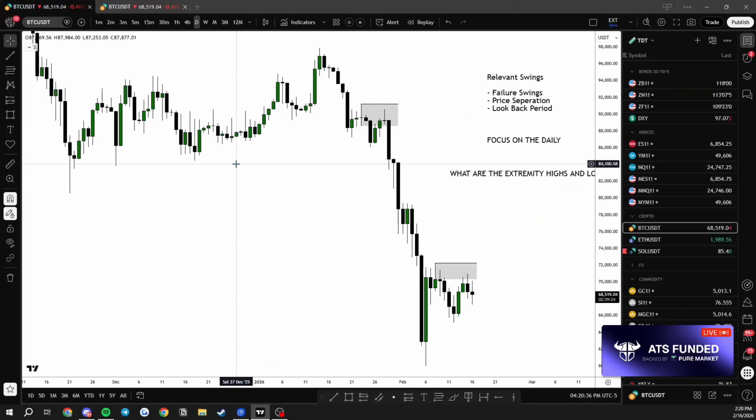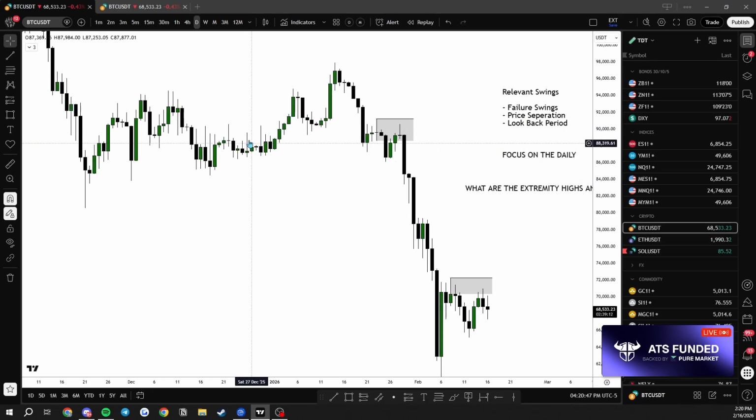Because we can trade off of maybe this swing high being taken out, or maybe we could trade off of this one. But the reason that we wouldn't trade off of a swing high like this is because it's encapsulated inside this failure swing pattern, right? We never want to trade away from failure swings. We want to trade towards them.